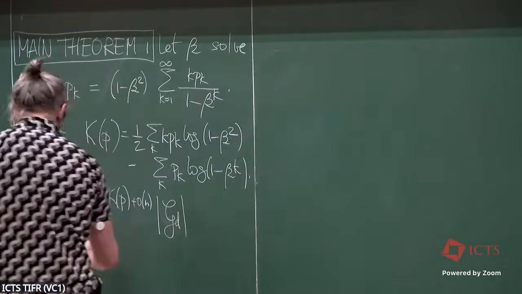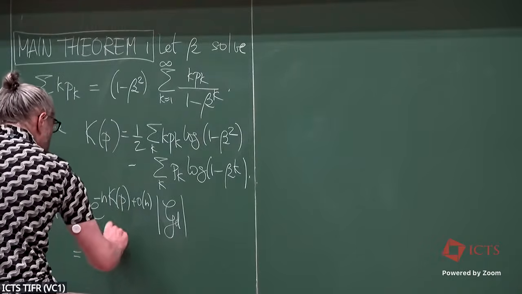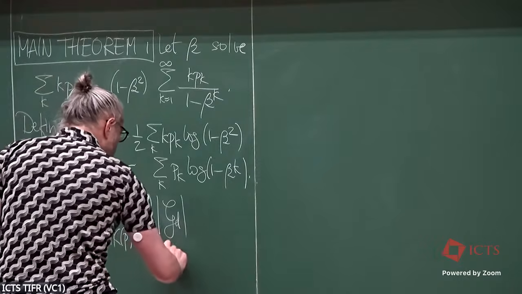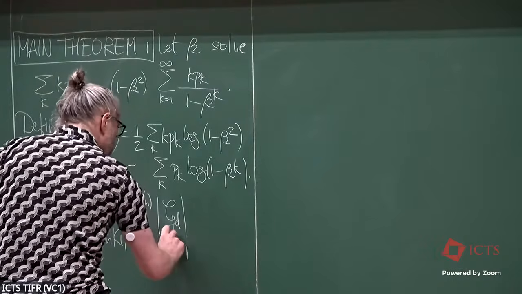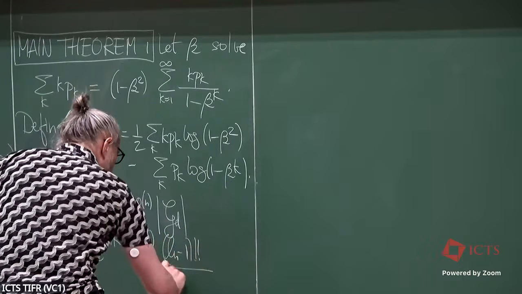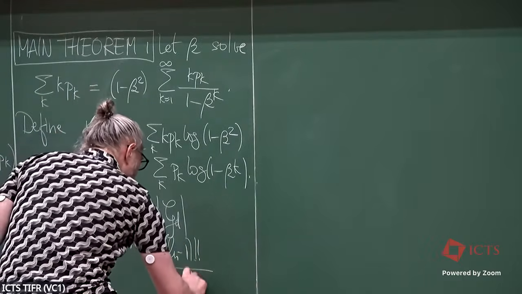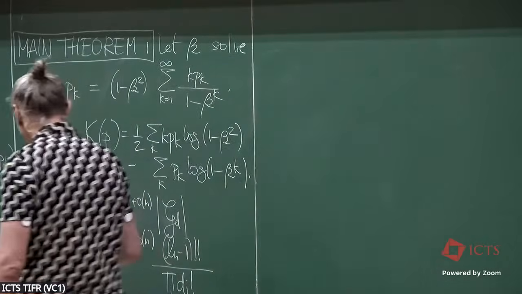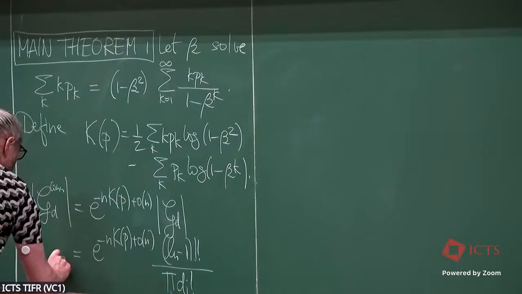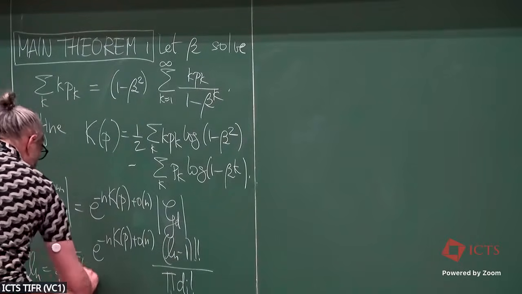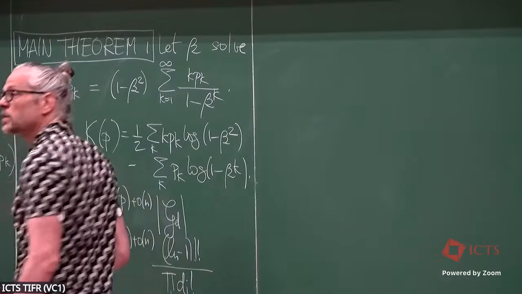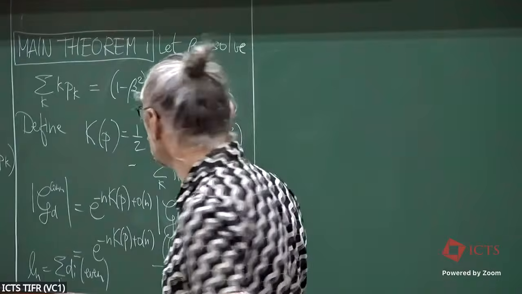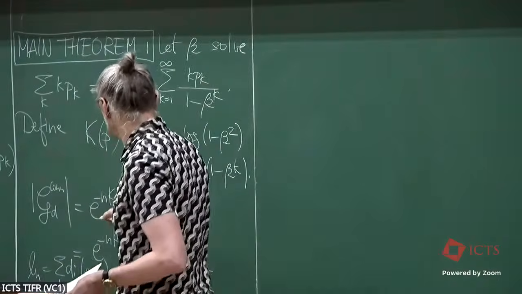And this we know is the same as e to the power minus n K(p) plus small o of n times (Ln minus 1) double factorial divided by the product over all i of di factorial. This was already in Anita's talk, where Ln is the sum of the degrees, which I assume to be even, because otherwise there aren't any graphs that are connected nor simple. Okay, so this gives the exponential penalty. This number will be strictly positive.